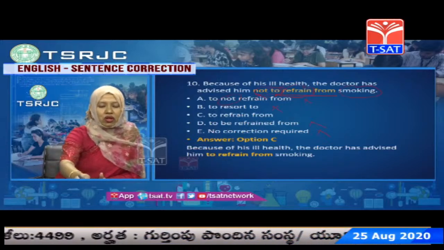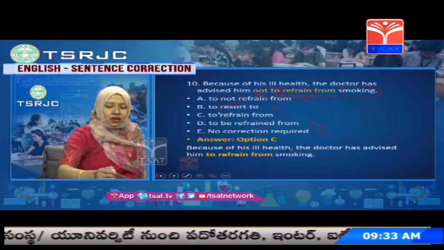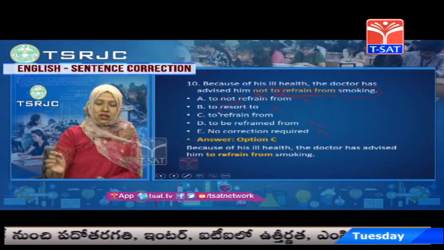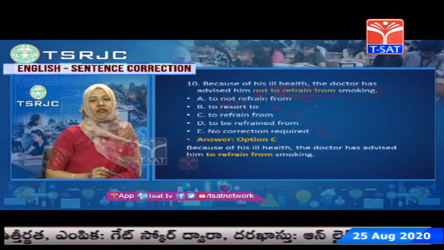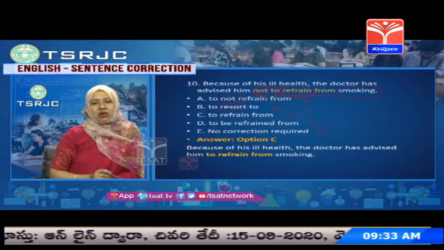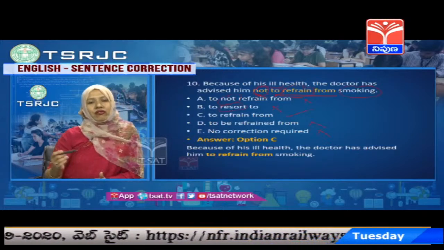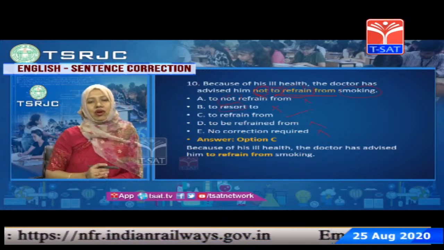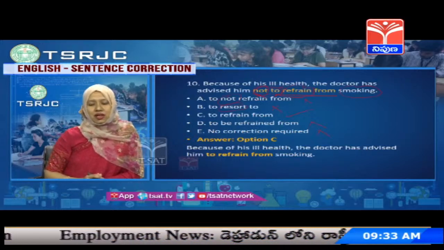In all the options refrain is given, but here resort is given, so this is eliminated beforehand. Now we are left with only one option, to refrain from. Not is the extra word. This negative should not be used in this sentence. The doctor has advised him to refrain from smoking. So the correct option is C.